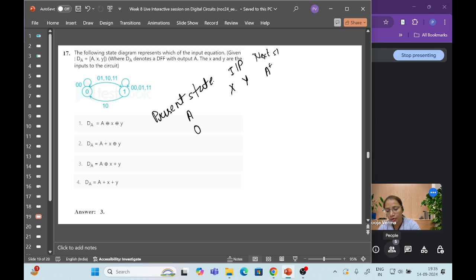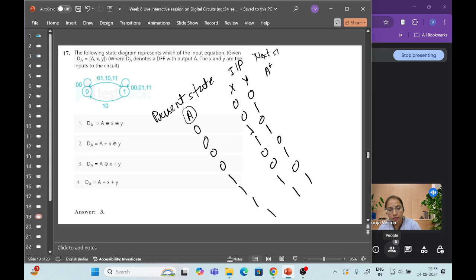Here the two states are given, 0 and 1. We have to take that two state as the output of the D flip-flop. Okay. So 0 0 0, 0 1 0, 1 0 0, 1 1 1, 0 0 1, 0 1 1, 1 0 1, 1 1 1.